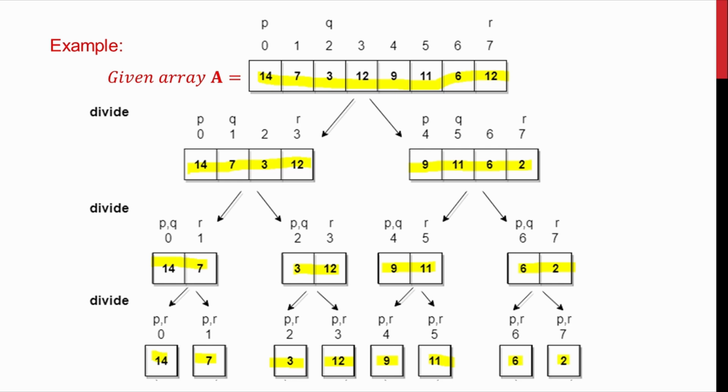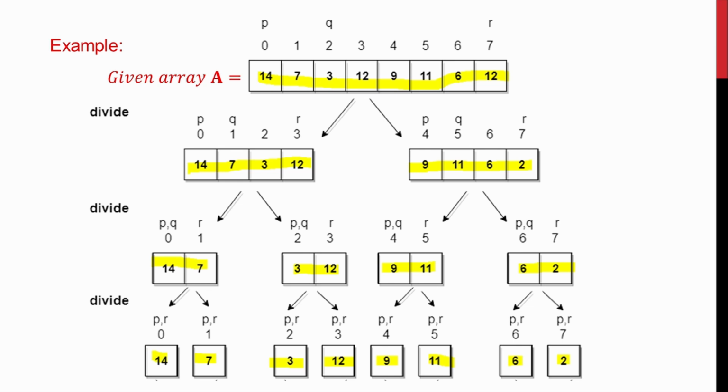Now the idea here is that an array with a single element is already sorted. So once we break the original array into subarrays which have only a single element, we have successfully broken down our problem into the base problem, and then we have to merge all these sorted subarrays step by step to form one single sorted array.